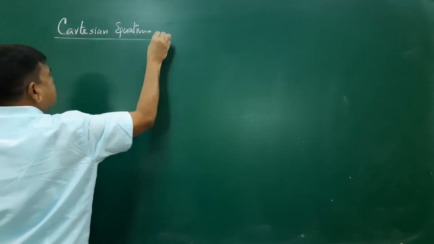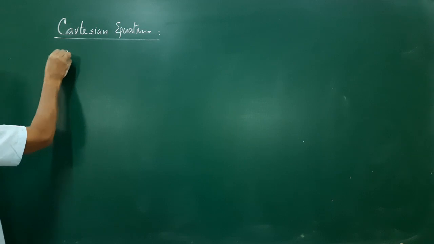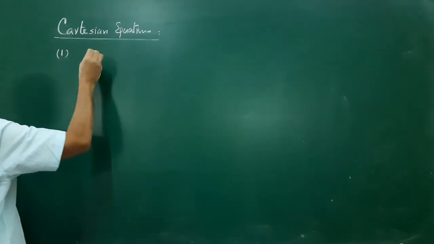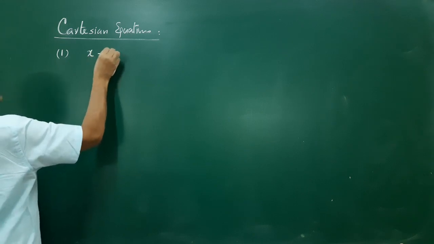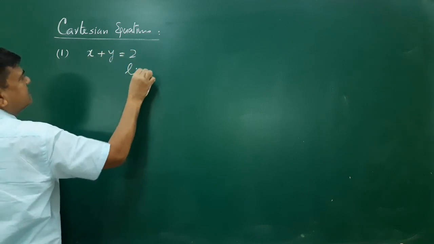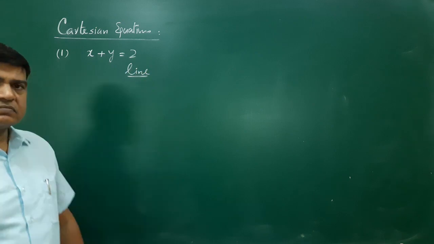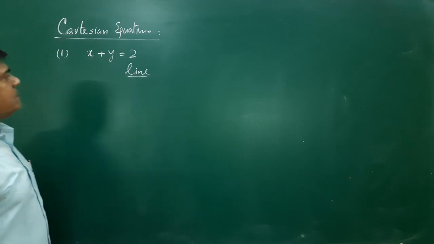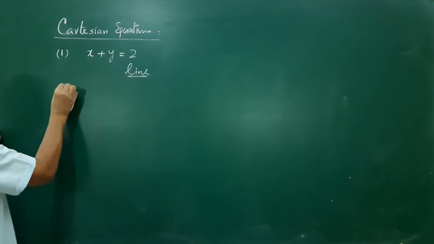Okay. Number 1, I write here x plus y equals 2. You people know that this is a line. This is the equation of a line. Then the polar equation.